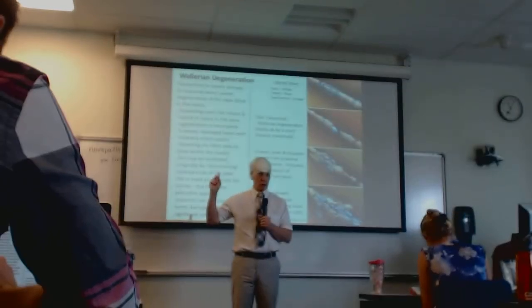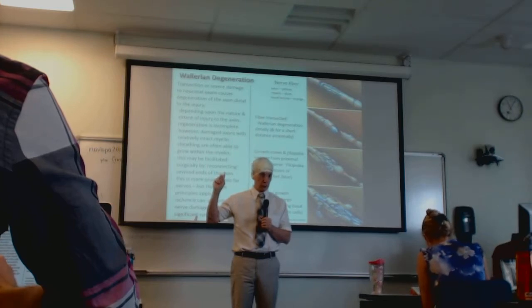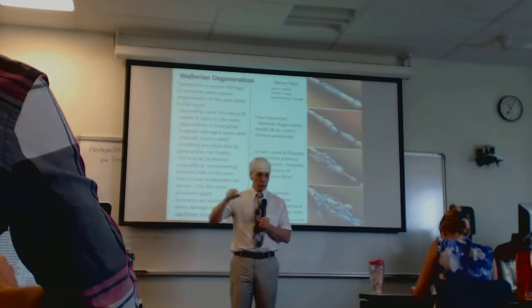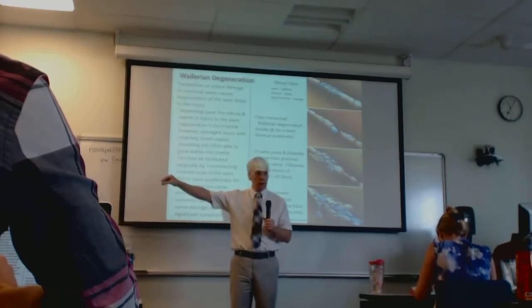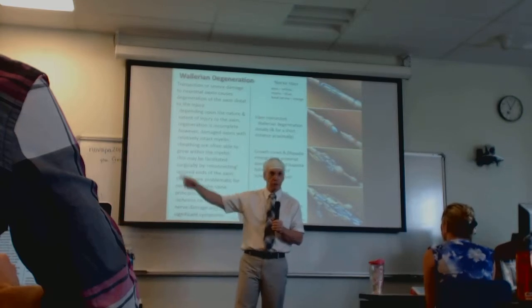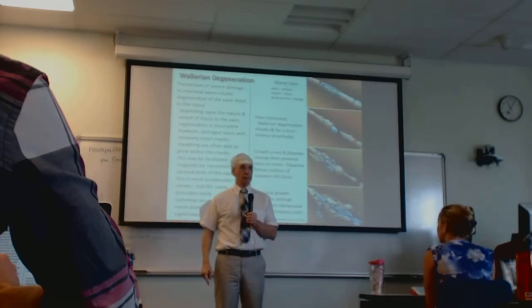We saw the illustration of the sensory neuron earlier. We saw the cell body in the DRG, the dorsal root ganglion. One end of that sensory neuron went all the way to the cord, the other end went all the way out to wherever the sensation is being generated. So, for example, we use the hand or the foot.